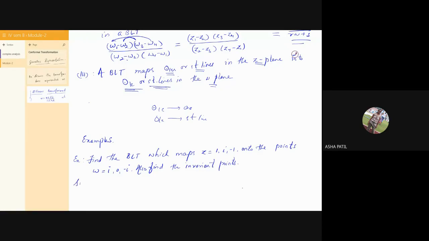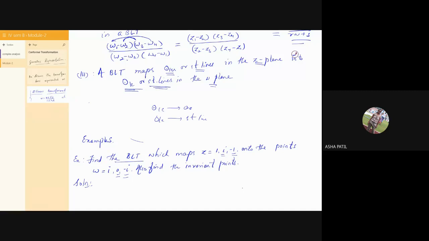Okay. So you are given 3 points in the Z plane that map onto 3 points in the W plane. So 1 in the Z plane maps onto i in the W plane. Similarly, i in the Z plane maps onto 0 in the W plane, and -1 in the Z plane will map onto -i in the W plane.